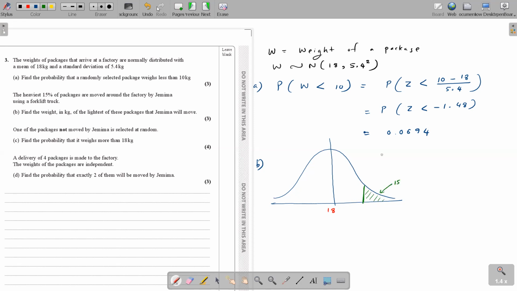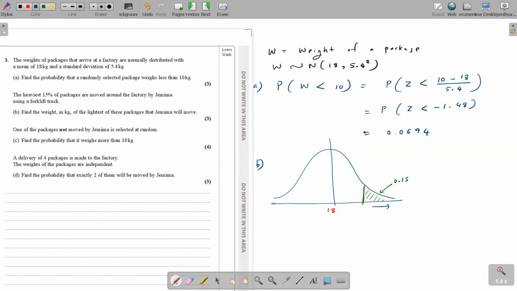So this is where you have the heaviest packages. They are asking, in that heaviest 15% category, what is the weight of the lightest of those packages? As you go towards the corner, the weight gets higher and higher. So out of this 15%, what's the lowest weight you have?